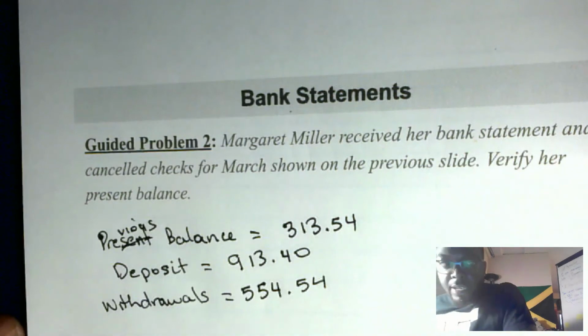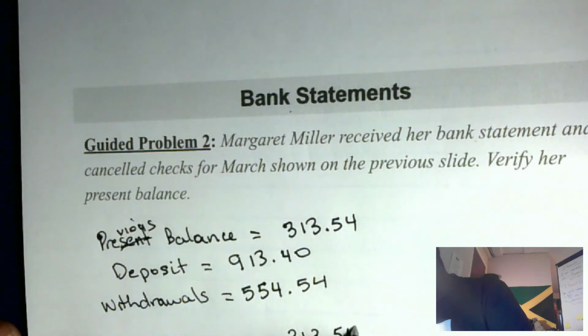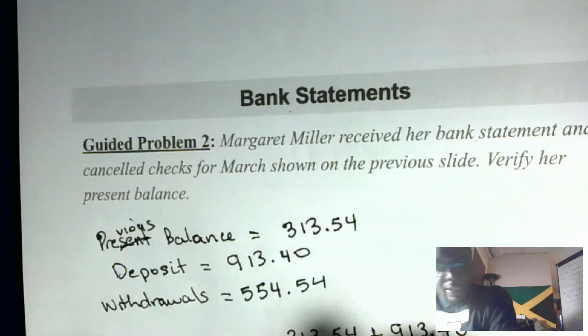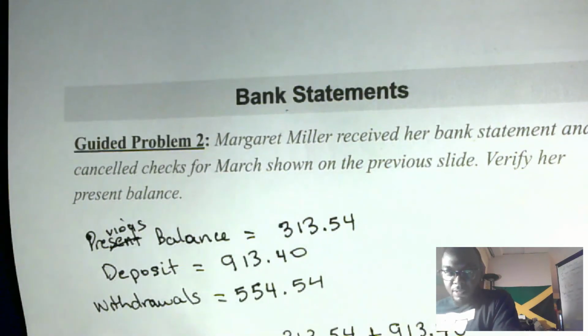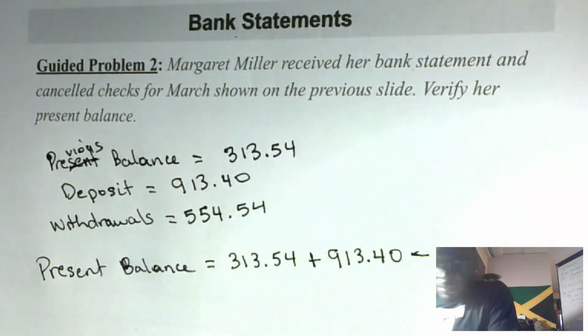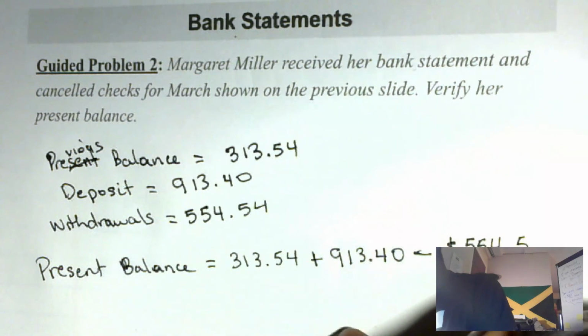Now I can come back and say that her present balance is equal to her previous balance, which is 313.54, plus 913.40, minus 554.54.